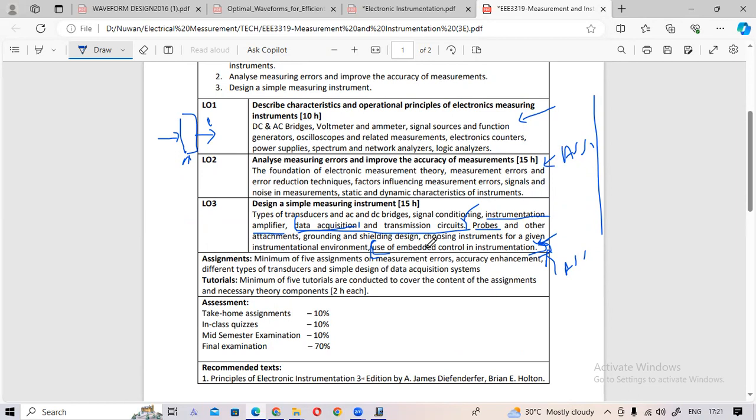I think signal conditioning is very important. And we have learned, you have drawn the schematic of the instrumentation amplifier. So you need to know these things also.